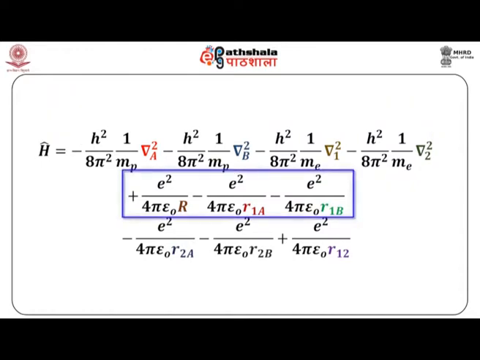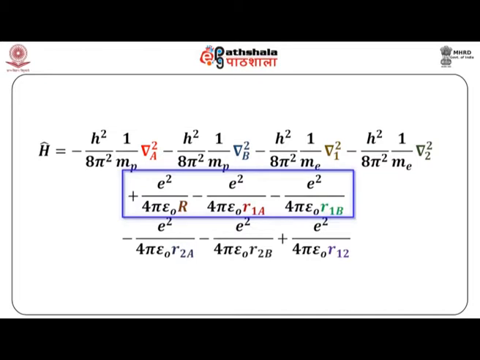Then we have plus e square upon 4 pi epsilon 0 r. This is the term which represents the repulsion between the two nuclei. And then we have the term minus e square upon 4 pi epsilon 0 r1a, which represents the attraction between nucleus A and electron 1.